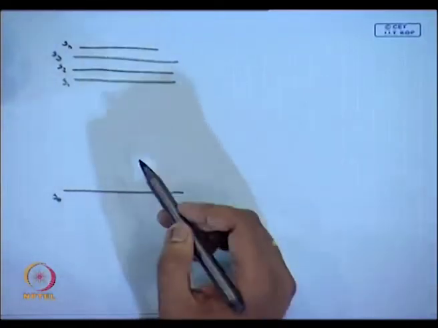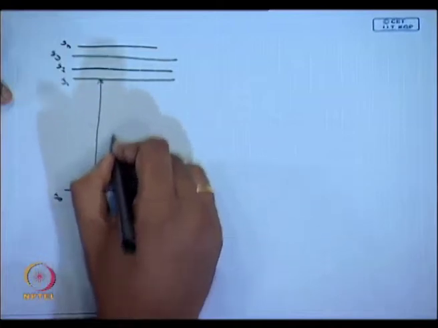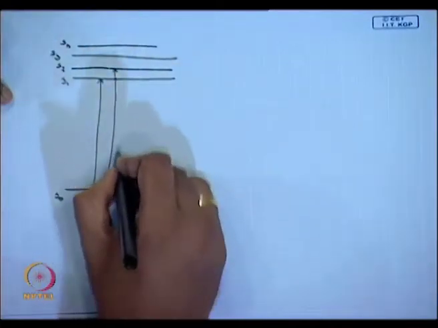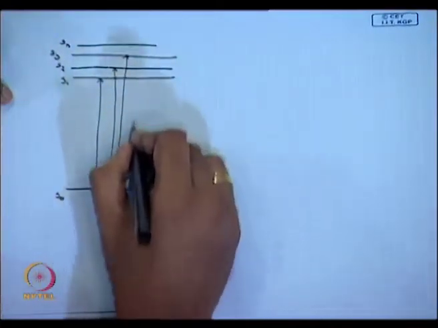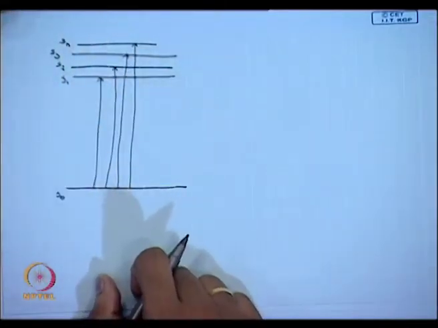We never worry about S2 or S3. See, if you have a transition, it can go from S0 to S1, or it can go to S2, it can go to S3, or it can keep on going. So, that is all allowed, right.